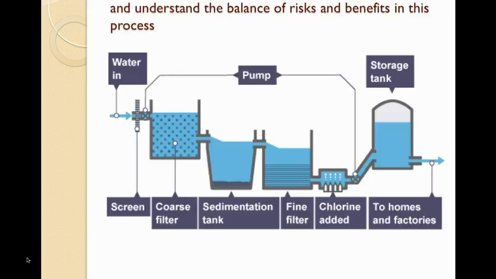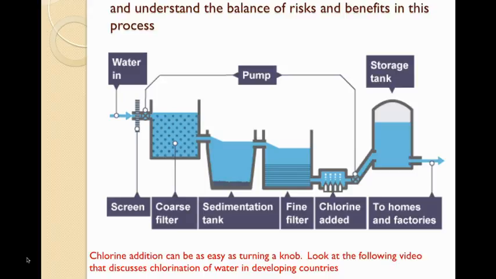There are benefits and there are risks to using chlorine as a water treatment. Chlorine addition can be as easy as turning a knob. You'll see how rather than having a water treatment plant, as in more developed nations, we can chlorinate water very simply.